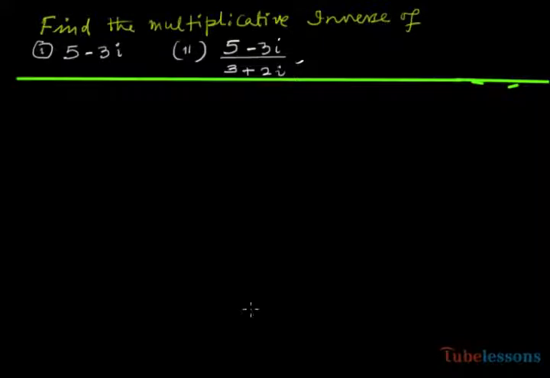Now we'll find the multiplicative inverse of 5 minus 3i, and second, of (5 minus 3i) by (3 plus 2i).